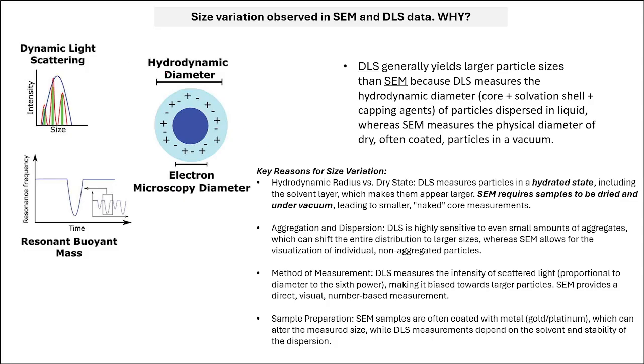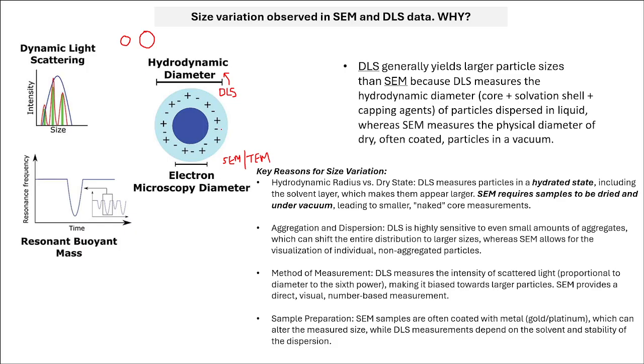Whenever you start working on nanoparticles, you will notice that the electron microscopy diameter is always smaller than the hydrodynamic diameter that you see via DLS. Dynamic light scattering analysis is done to see the hydrodynamic diameter, and either SEM or TEM is done to estimate the electron microscopy diameter.